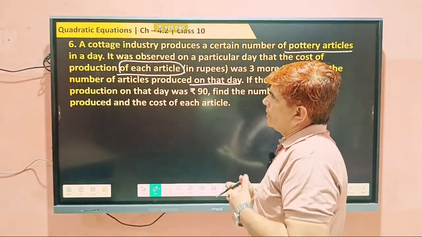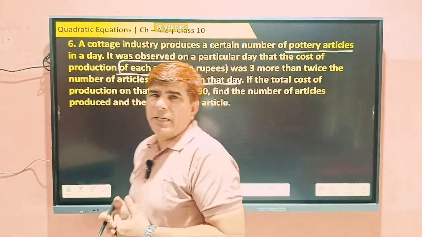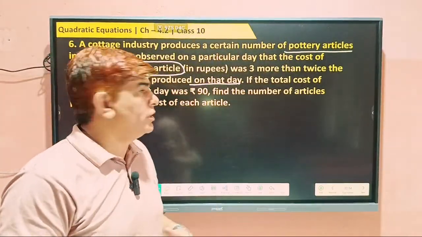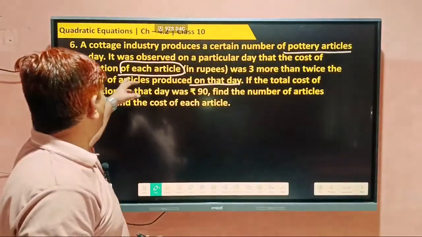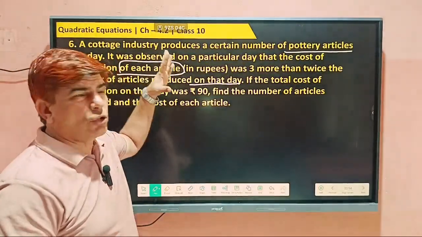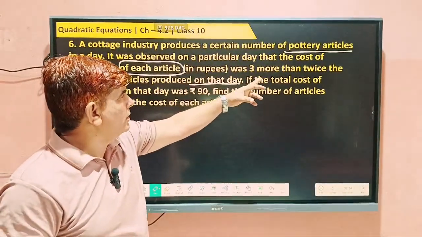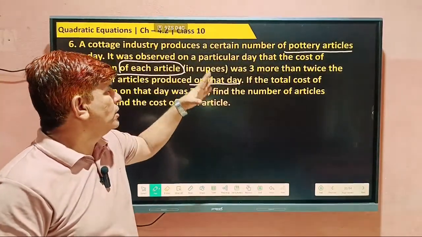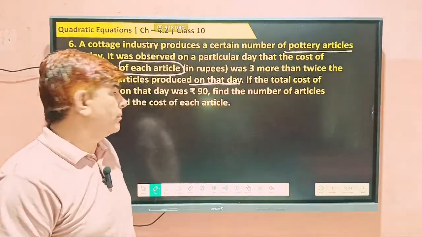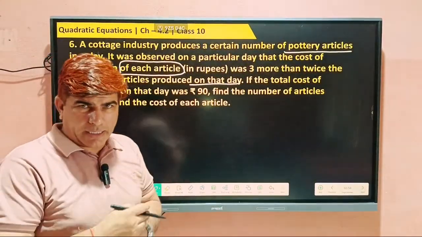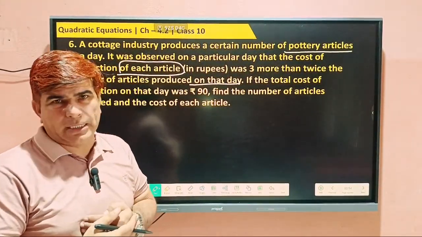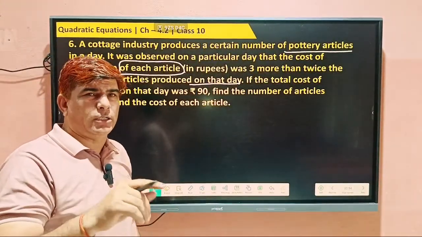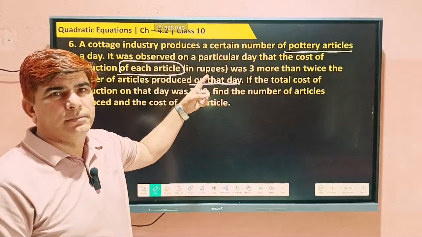What's it saying? That it's making some products, articles. On a particular day it was found that the cost of production of each article was 3 more than twice the number of articles produced on that day. It means if the number of articles produced is x, then the cost is twice, 2 times x, 2x plus 3.